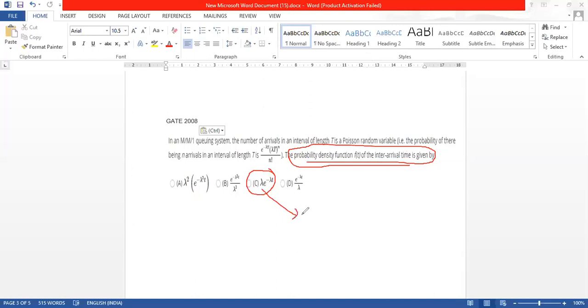This is the probability density function of the inter arrival, and the other gives us the probability that n people arrive in time t. This is related to the arrival rate, but this is related to the inter arrival. Probability density function of the inter arrival. Okay, so more questions we are asked.